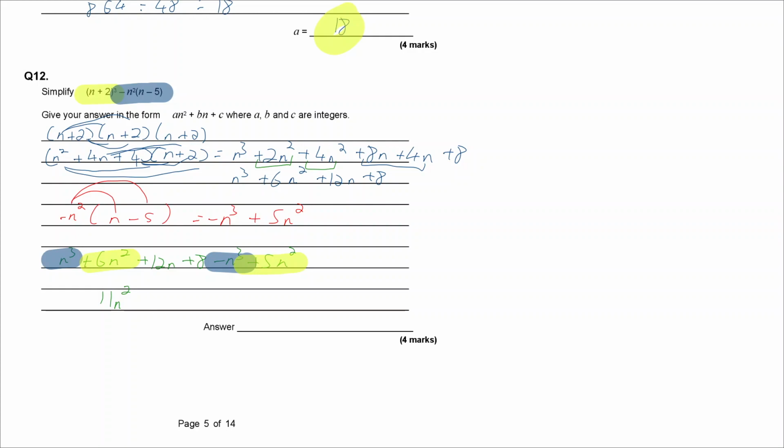I've then got just the plus 12n there, and just a plus 8 on the end, and that's going to be the answer, hopefully. So 11n² plus 12n plus 8, and you can see it's in the correct form. A for me is 11, B is plus 12, and C is plus 8. And looking at the mark scheme, that is correct.